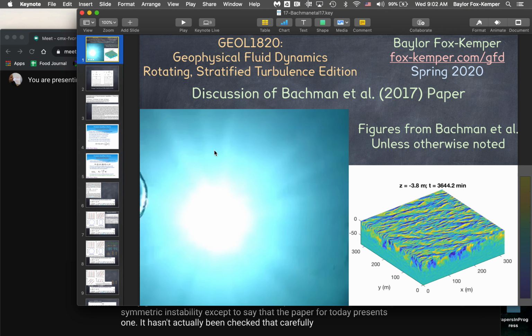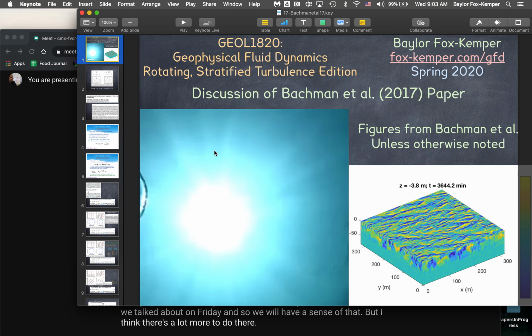Jin Xuan, who was in the group a few years back, did his master's thesis on checking the symmetric instability in this versus the high resolution simulations we talked about on Friday. So we'll have a sense of that, but I think there's a lot more to do there.